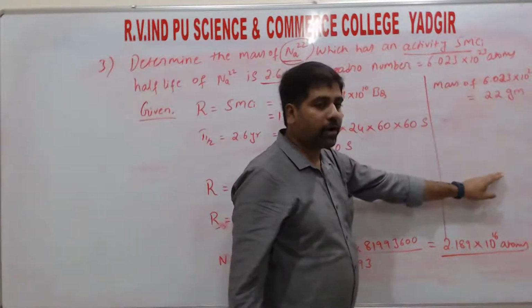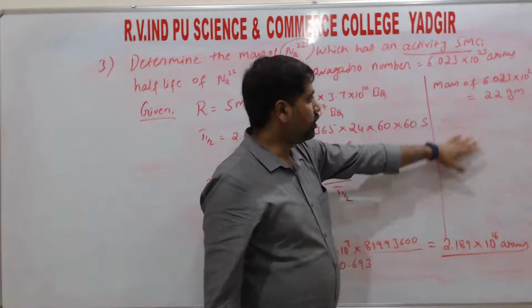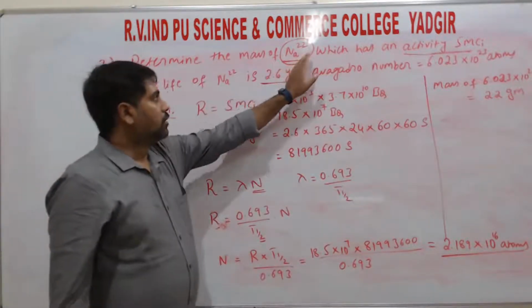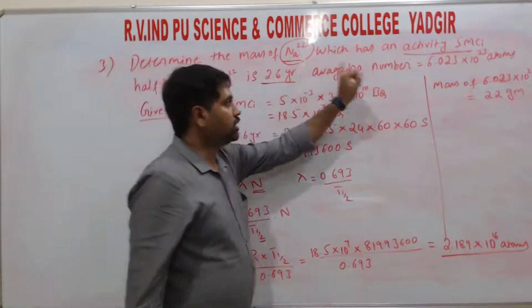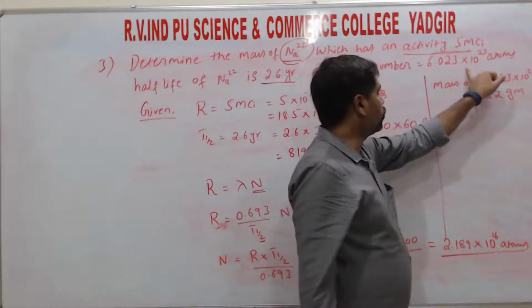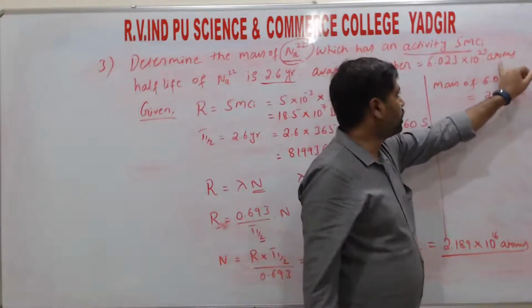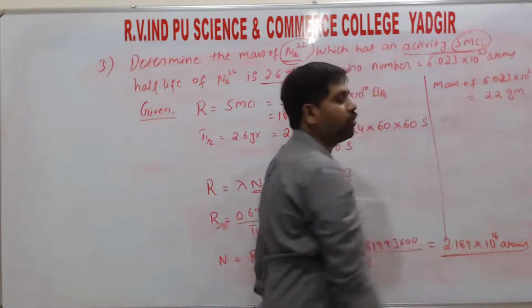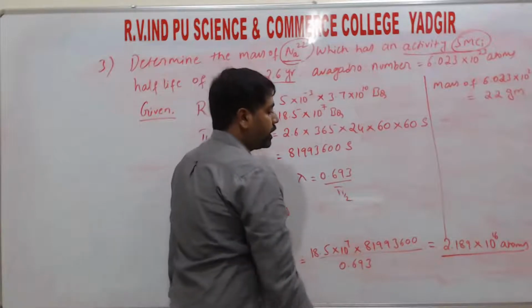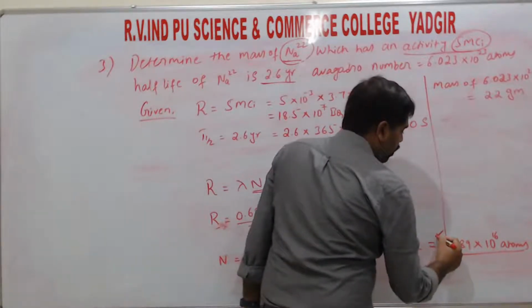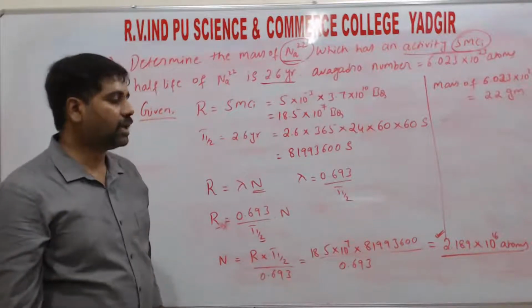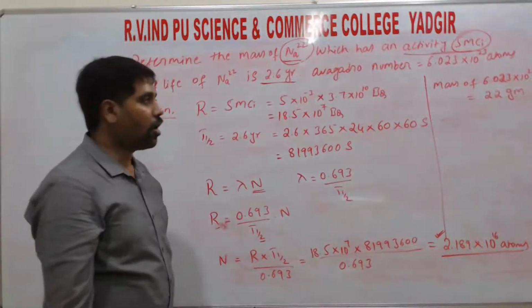This is from the Avogadro principle, as already discussed in the chemistry topic, right? So the sodium 22 consists of 6.023 into 10 to the power of 23 atoms. Here they gave the activity of 5 millicurie, so from the activity we are finding the number of atoms present in the nucleus, which is 2.189 into 10 to the power of 16 atoms, right?